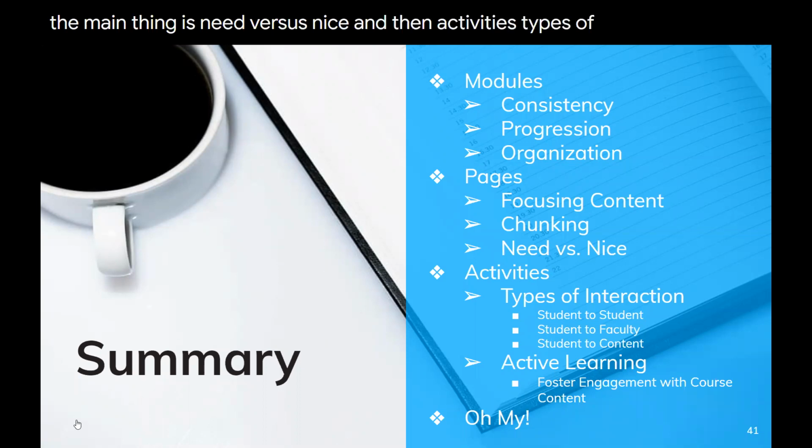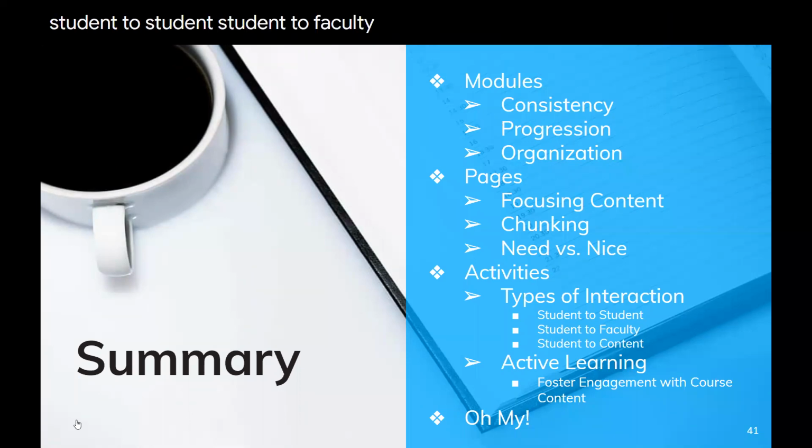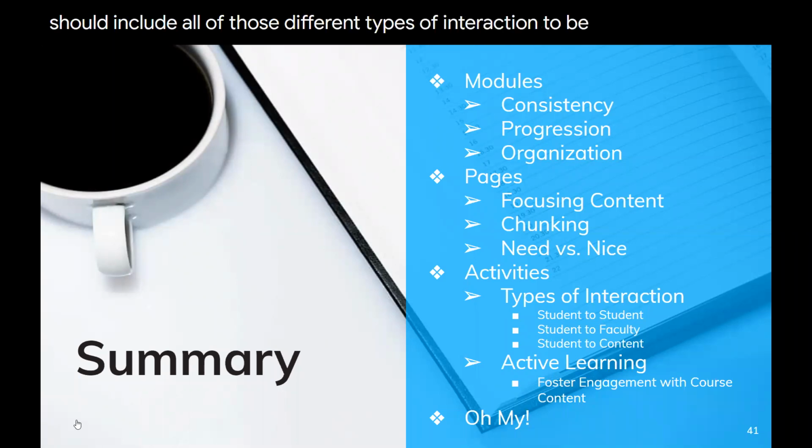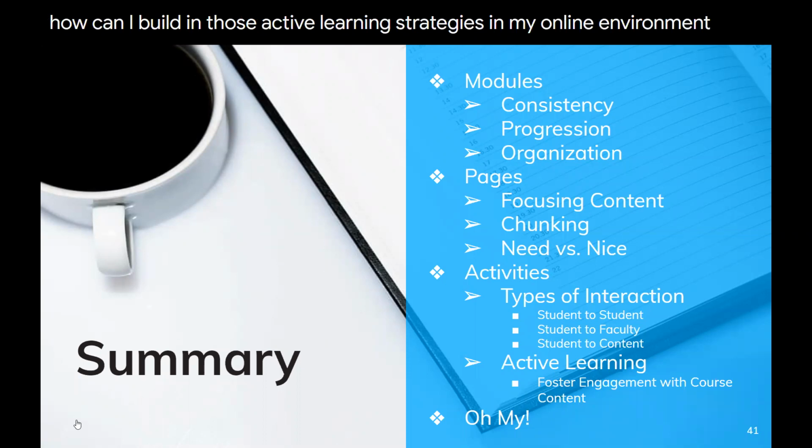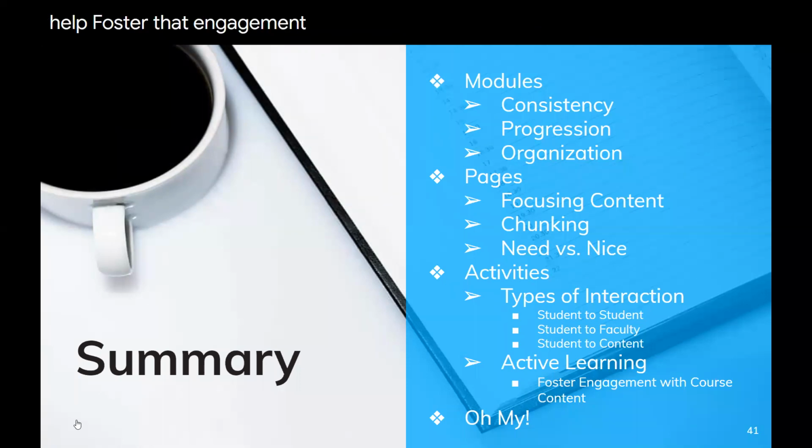Types of interaction: student to student, student to faculty, and student to content. Our online courses should include all of those different types of interaction. And again, we want it to be active learning. So how can I build in those active learning strategies in my online environment to help foster that engagement, not only with the course content, but with me and their other students?